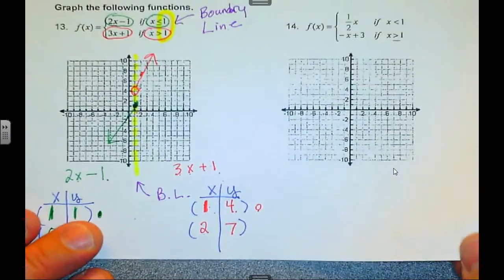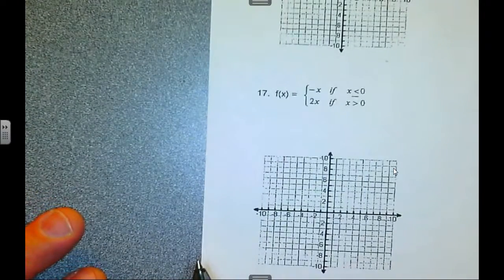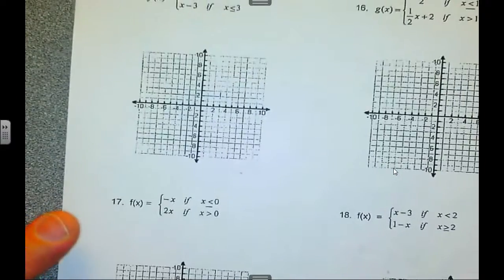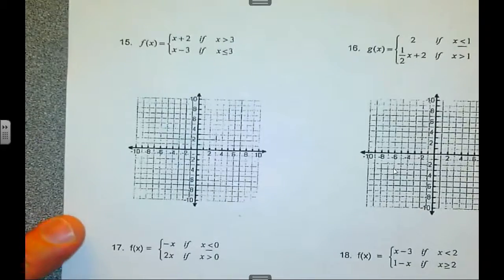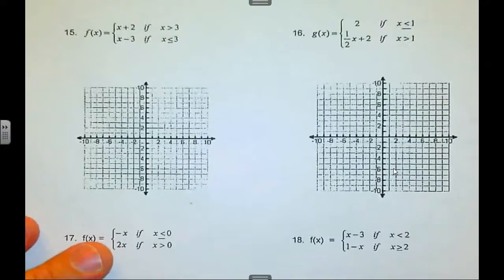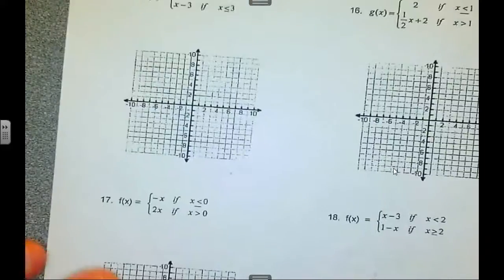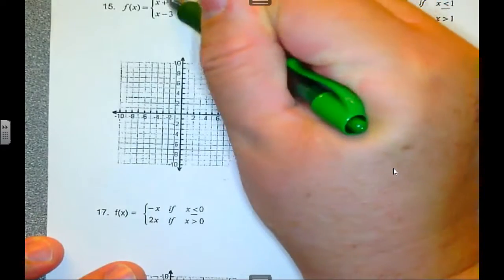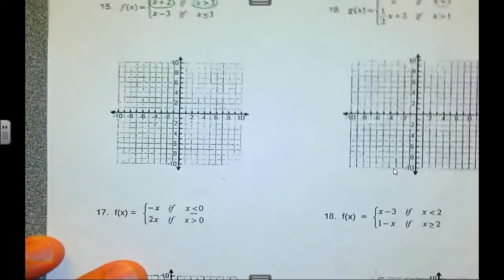All right, let's do another one. I don't want to do one with fractions because you guys will skip it. How about 15? Okay, so this is my function if x is greater than 3.